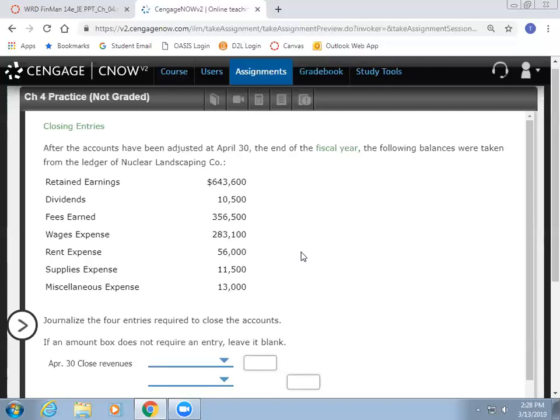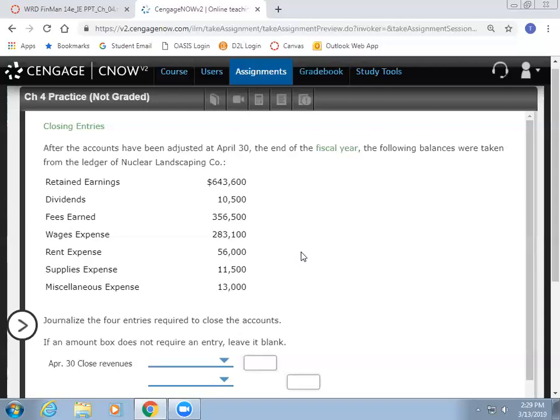So my first journal entry is going to be closing out fees earned by debiting the balance, which will zero it out, and that amount gets credited to income summary. So step 1, we close revenue into income summary.